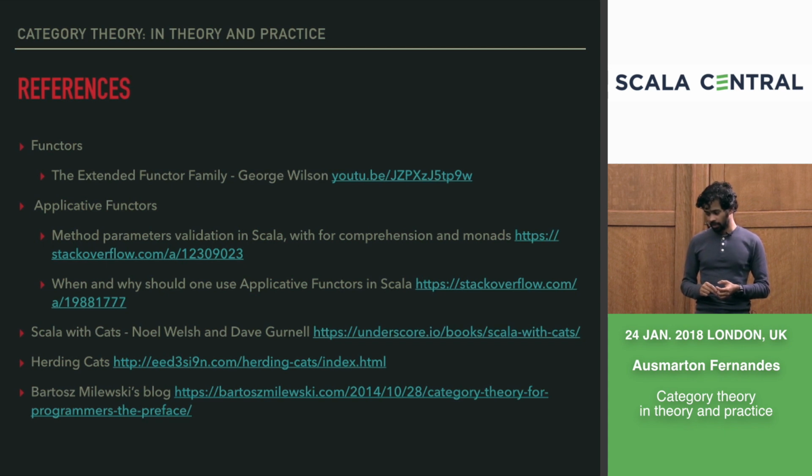And the last one is my favorite in terms of category theory, Bartosz Milewski's blog. I haven't linked it here, but his YouTube channel as well has a lot of lectures on category theory. He does talk a lot about the motivations and philosophy, which might appeal to different audiences. So yeah, that's all I have.